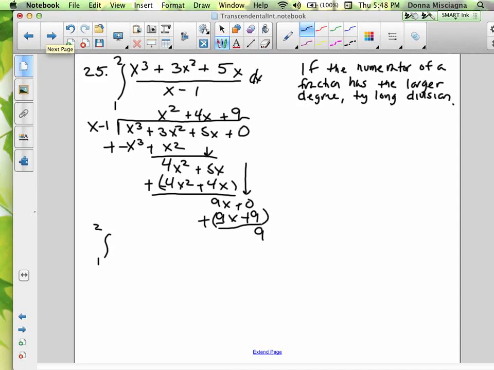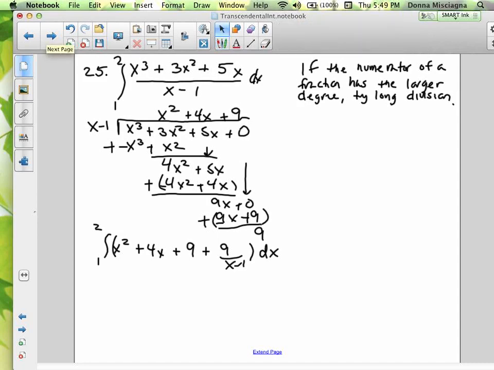We've just changed the format, so it's still 1 to 2, and that would be x squared dx plus the integral from 1 to 2 of, and actually we can just make this 1. I don't think we really need to split it up. Plus 4x plus 9, and then plus 9 over x minus 1 dx. Let's integrate and evaluate.